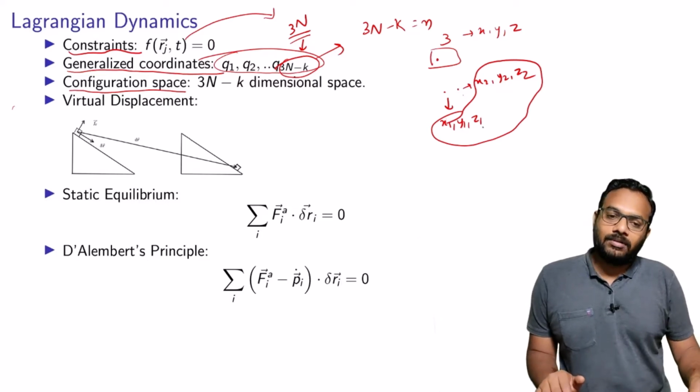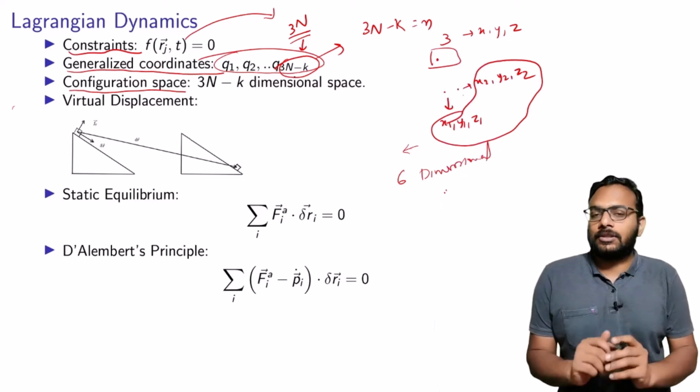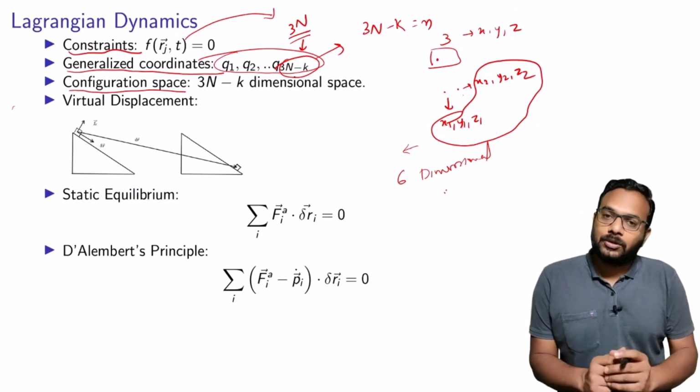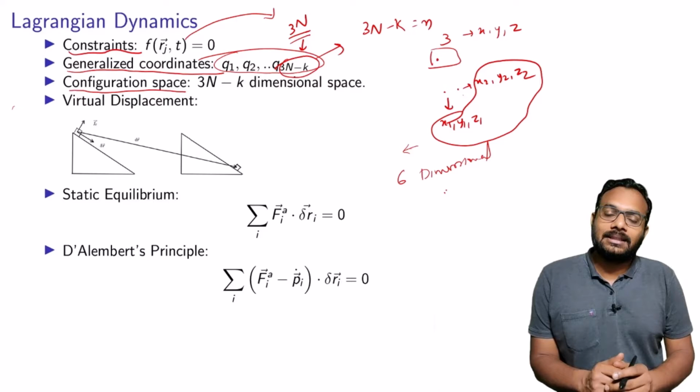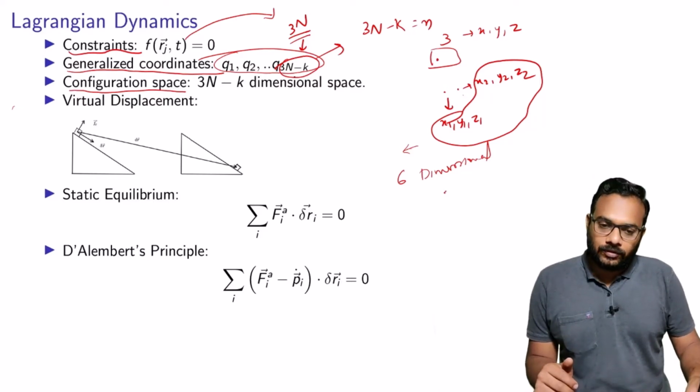You need x1, y1, z1, x2, y2, z2. So you can imagine a 6-dimensional space now, where in order to locate each point, you need 6 coordinates, or 6 numbers. In this case, it's x1, y1, z1 and x2, y2, z2. Each point in this configuration space we can call the system point.